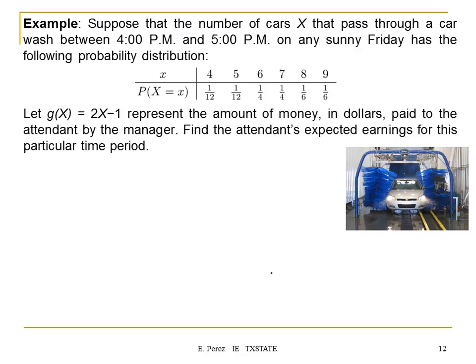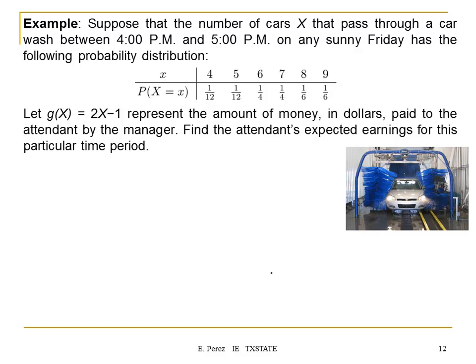Now we have a function g of x, which is equal to 2 times the random variable minus 1. And that represents the amount of money in dollars paid to the attendant by the manager. We want to find the attendant's expected earning for this particular time period. So we're going to use this function.